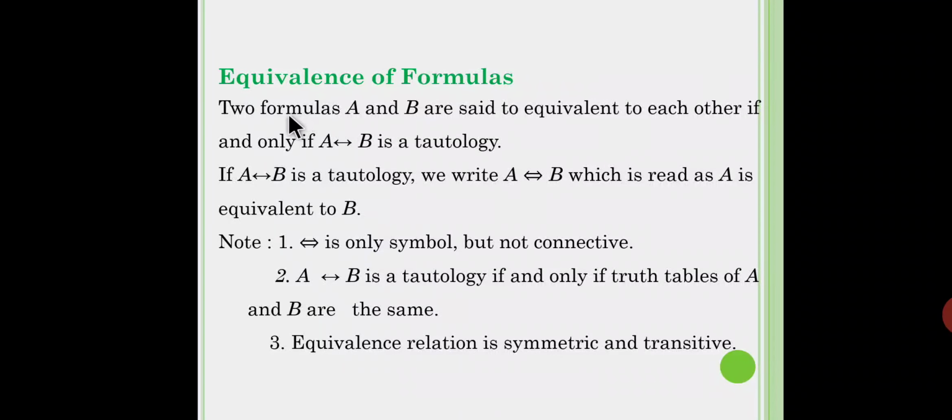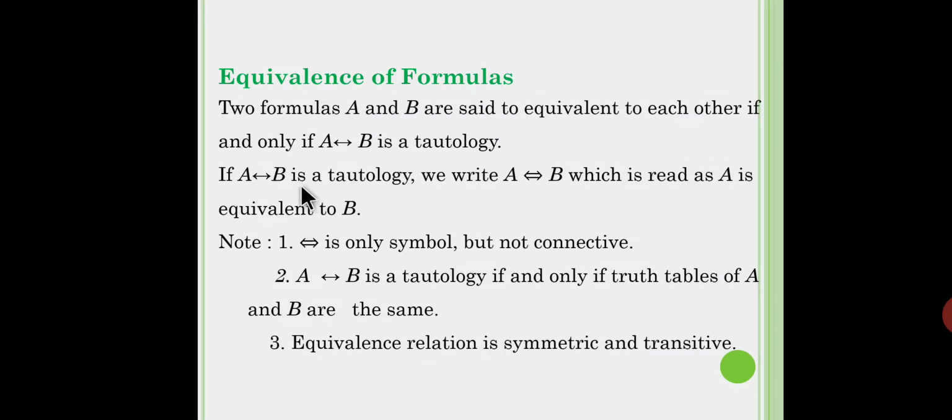It means two formulas or two propositions A and B are said to be equivalent to each other if and only if A biimplication B is a tautology. Being a tautology means when A is true, then B also has the truth value true, and when A is false, then B also has the truth value false. Then we say that it is a tautology.